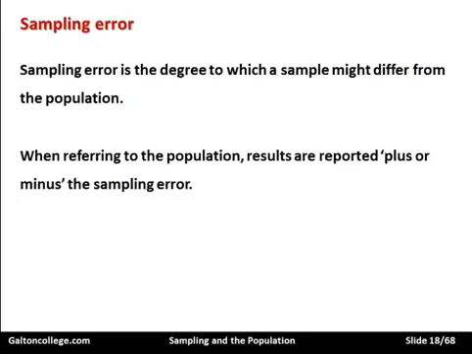When referring to the population, results are reported plus or minus the sampling error. So when we conduct a survey and we find that, say, the average is a certain amount, what we would say is that the population average is equal to the sample average plus or minus some percentage, or plus or minus some figure.